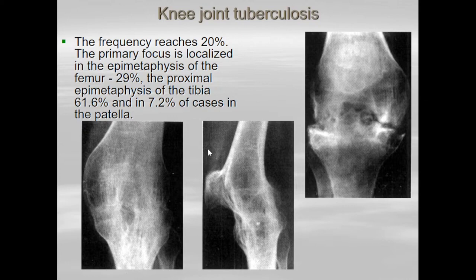You look, it's tuberculosis of the knee joint. On the right picture, it shows fibrous ankylosis, where you can determine the joint line. On the left picture, you look at the joints on both sides. It's bone ankylosis. You cannot determine the joint line. It's synostosis.